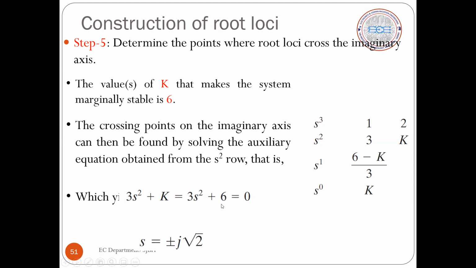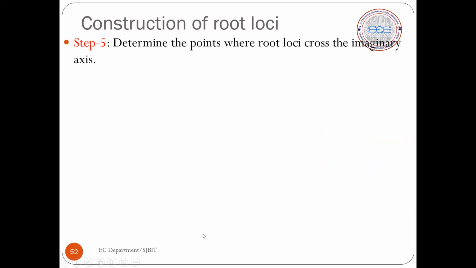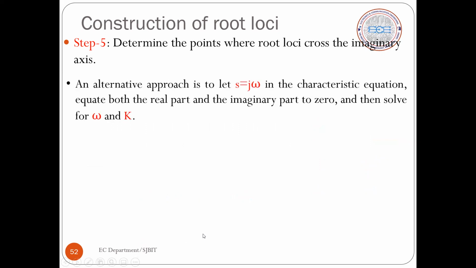If I try to find out the roots, I have plus or minus j root 2. So root 2 is the value on the imaginary axis across which the root locus crosses the imaginary axis.